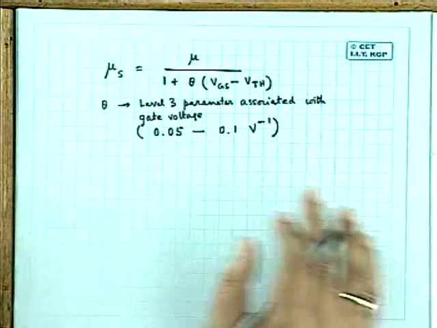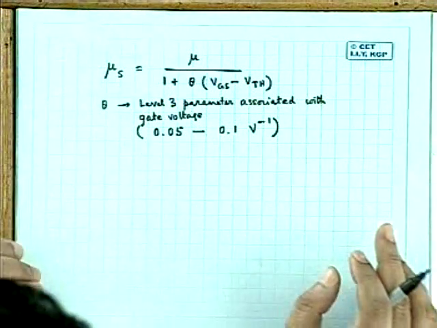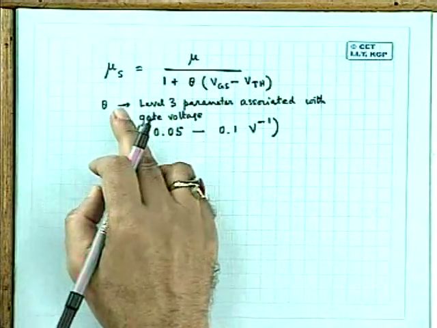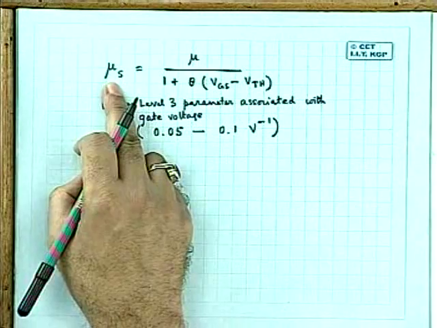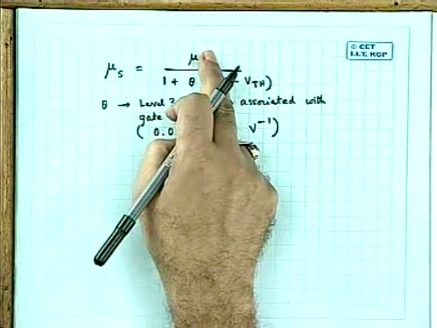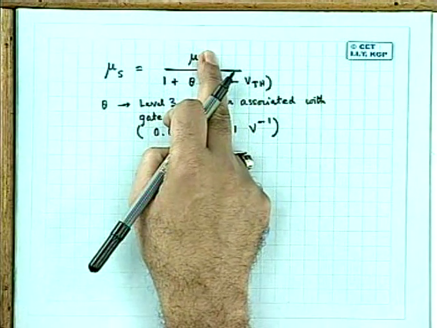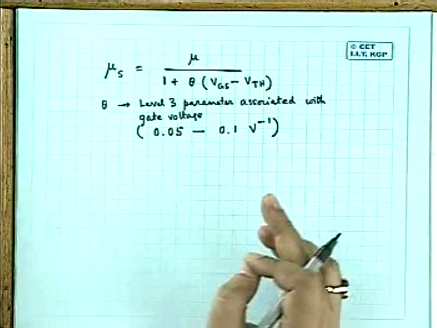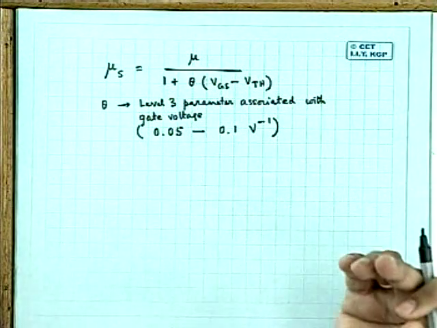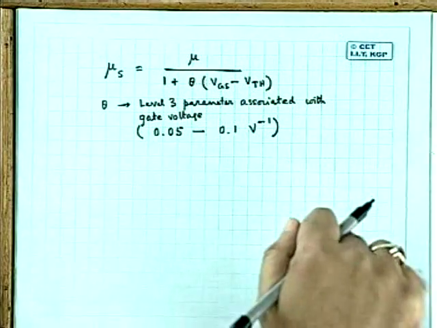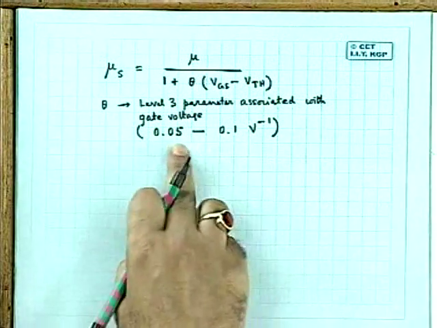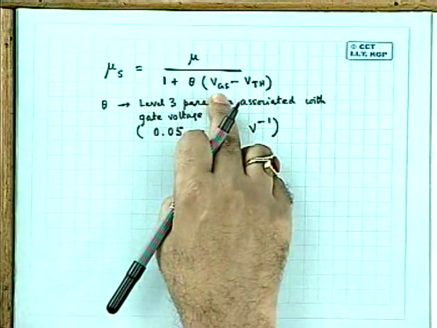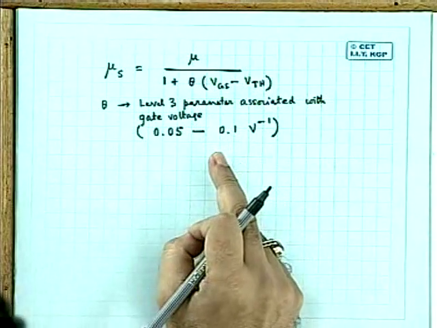So instead of those complicated things, they use this simple equation for mu s. It's called surface mobility. Mu is the bulk mobility, and you know inversion carriers are all at the surface. The surface mobility is changed from the bulk mobility, and it is highly affected by the vertical field induced by the gate bias. It is a simplified thing.